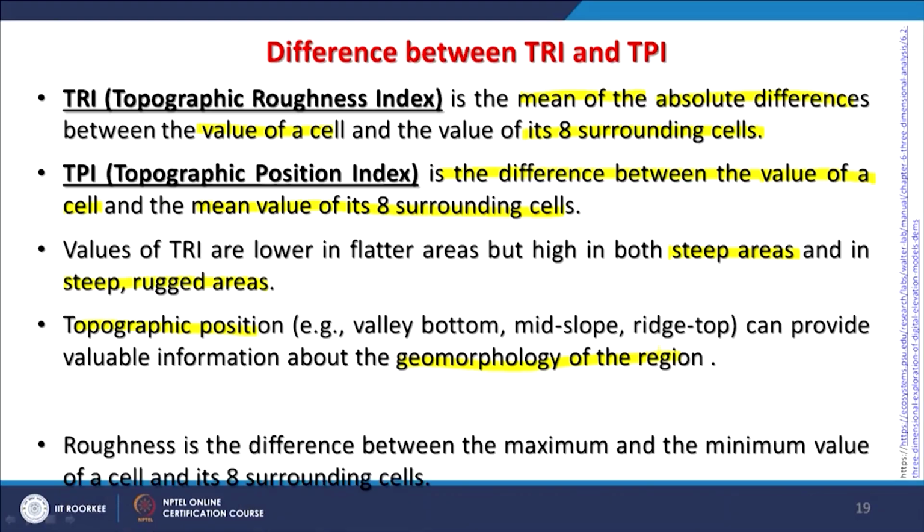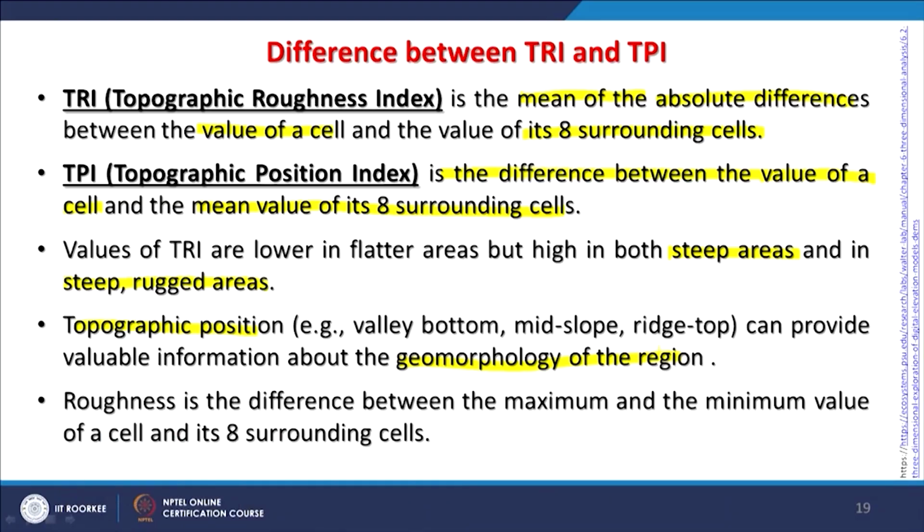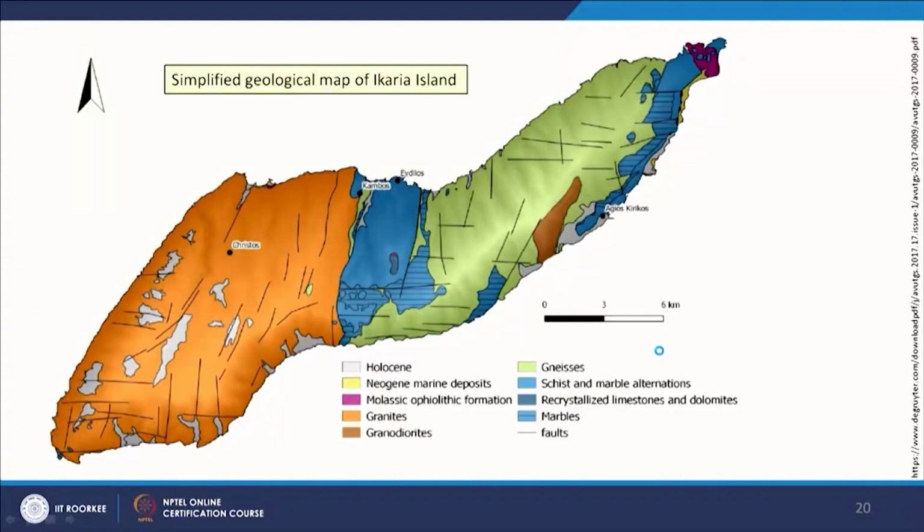which we have just discussed. And this roughness, that is the topographic roughness index TRI, is basically the difference between the maximum and minimum value of the cell and its surrounding cells. Example here, this is a geological map which is shown here.